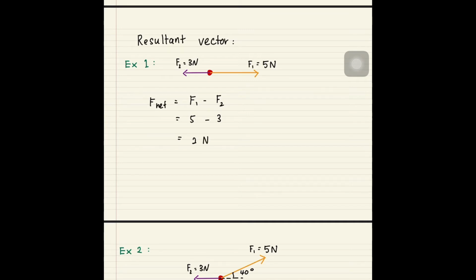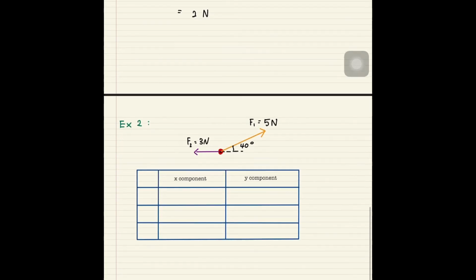So here, if all your vectors lie on the same axis, you don't have to do resolving vectors. You can straight away add or subtract. Another example down here: now the force is moving a little bit further up. So F1 is somewhere in between the x-axis and y-axis.